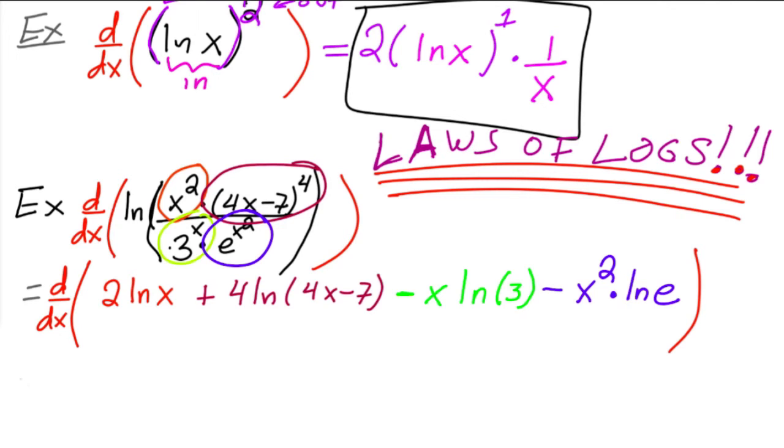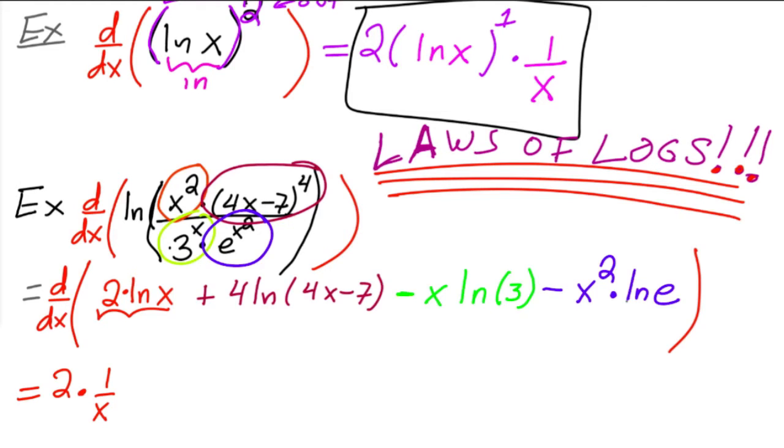Now, since this is just sums and differences, you can do each one individually, much, much easier. So let's do that and see what we get. This is going to equal the derivative of 2 natural log of x, which is simply 2 times, 2 is a constant, remember, the derivative of natural log of x, which is 1 over x.